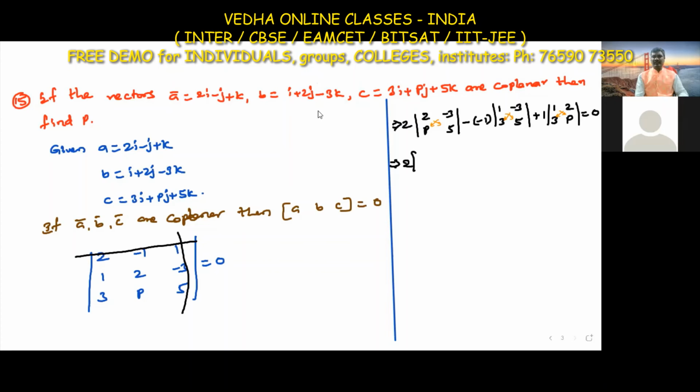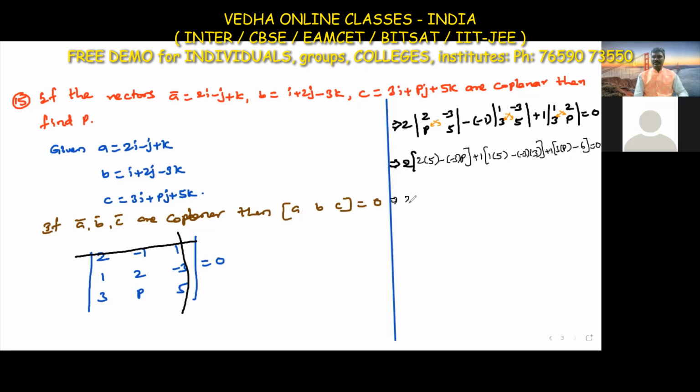So if we multiply like that, what do we get here? 2 into 5 minus 3 into p. Minus of minus 1 is plus 1 into 1 into 5 minus 3 into 3. Plus 1 into p minus 2 into 3, that is 6, is equal to 0.